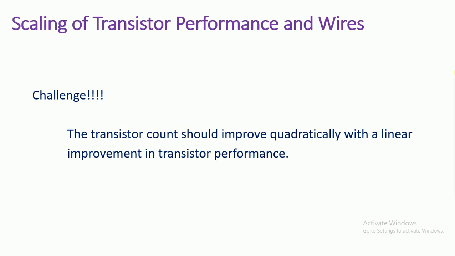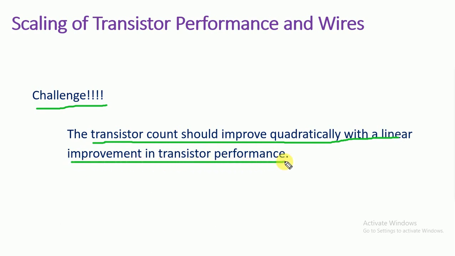Now, when we compare transistors and wires, what is the major challenge to be considered? The major challenge is that the transistor count should improve quadratically. As per the previous theory, we should always consider improving the number of transistors along with a linear improvement in transistor performance. Whenever we improve transistor performance, we should have the provision for decreasing the size of the transistor, as well as adding more transistors into the integrated circuits.